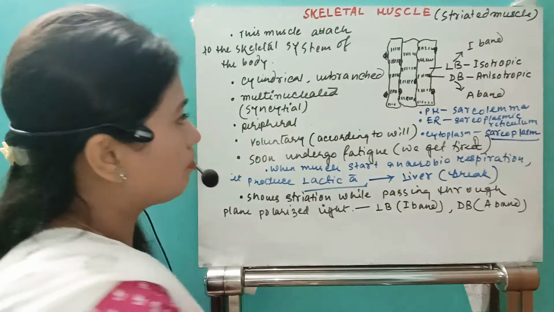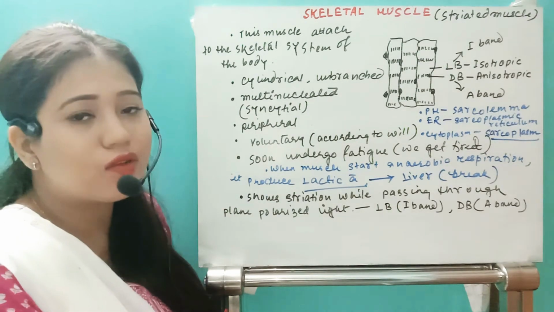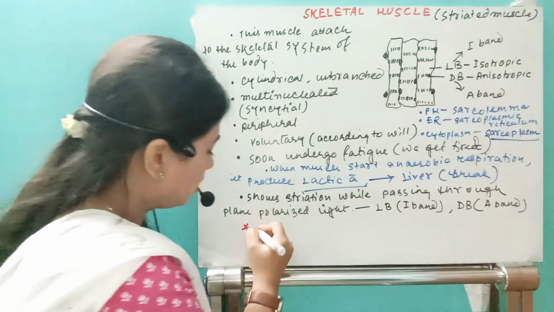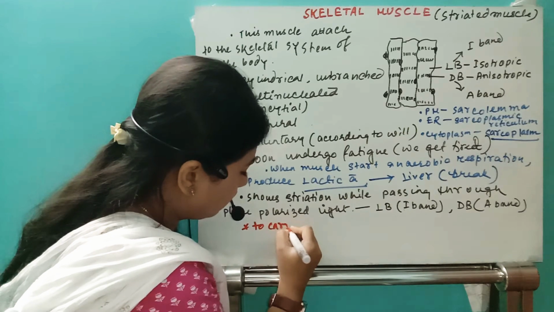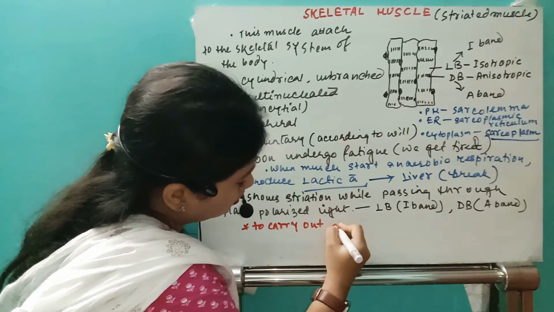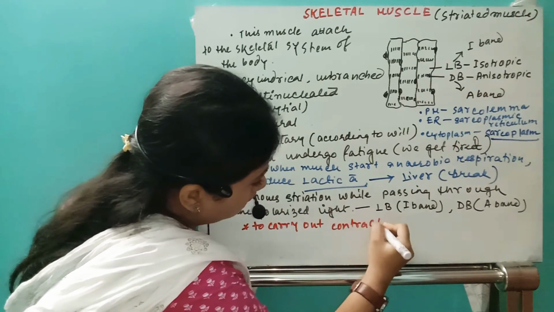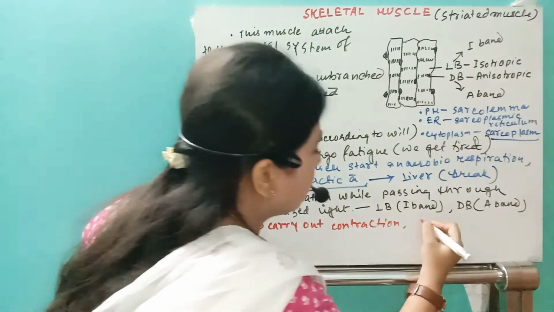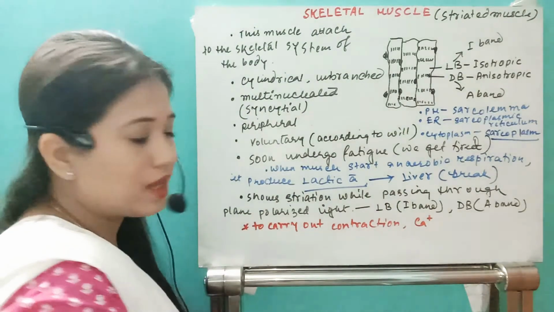One thing to remember, a very important point: to carry out contraction, the muscle fiber needs calcium ions.